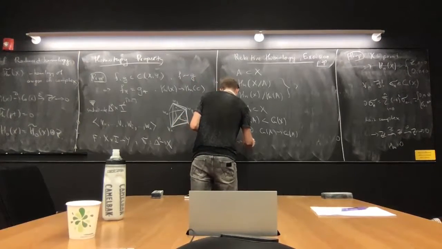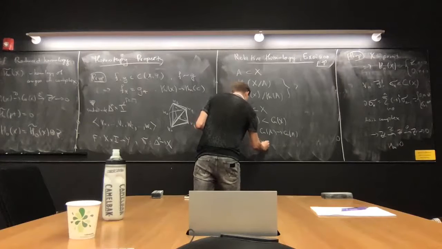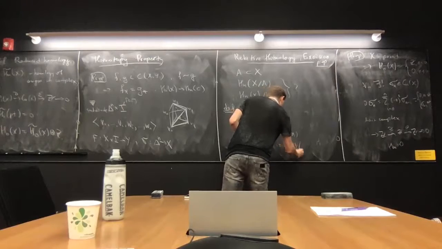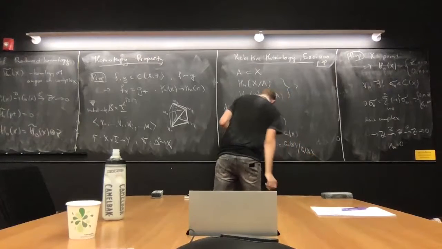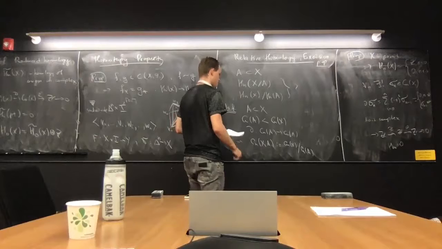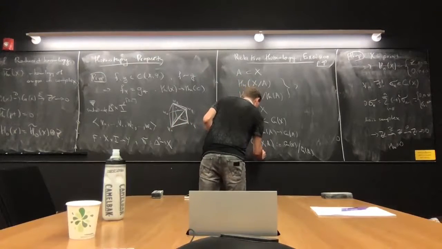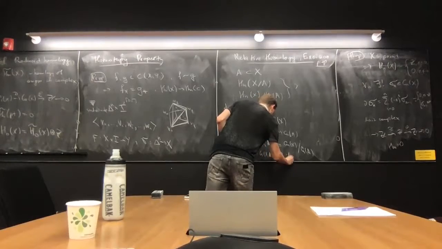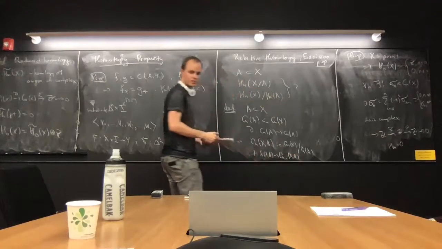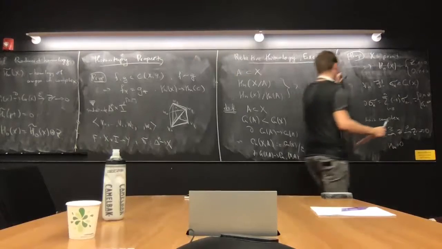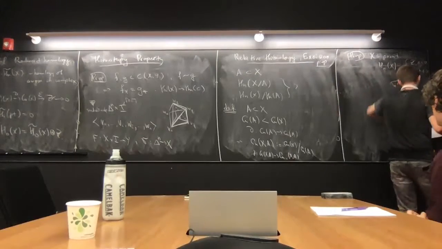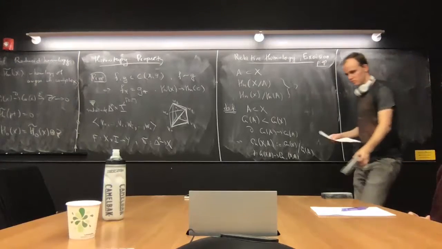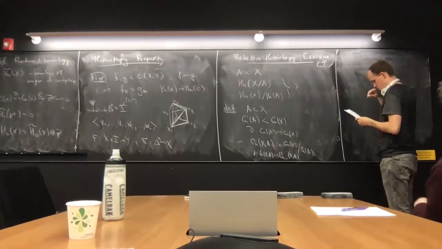So define Cn of X comma A as the factor, Cn of X over Cn of A, and we have the boundary operator on it. The homology of this complex is the relative homology.